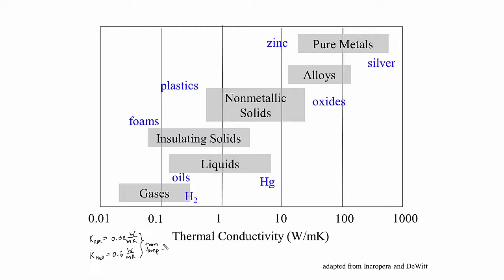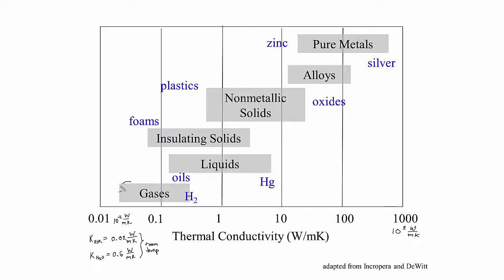As we look at different phases of materials and different types of materials, we see a vast range of thermal conductivities. So we're going all the way from 10 to the minus 2 watt per meter Kelvin to 10 to the 3 watt per meter Kelvin. So a factor of 10 to the 5 in terms of the overall range here.